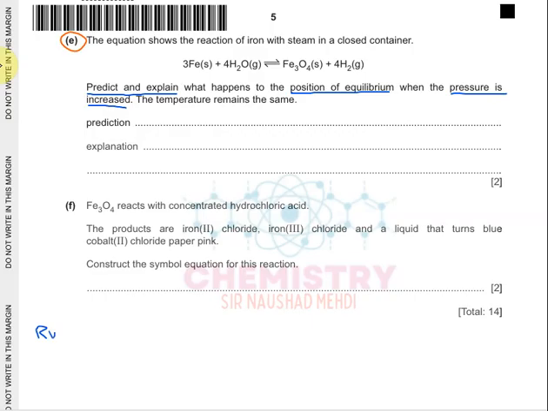So the rule is that by increasing the pressure, the equilibrium will move in that direction which has less number of moles of the gas. So I am writing the rule over here.